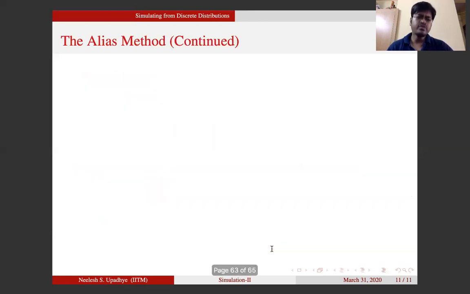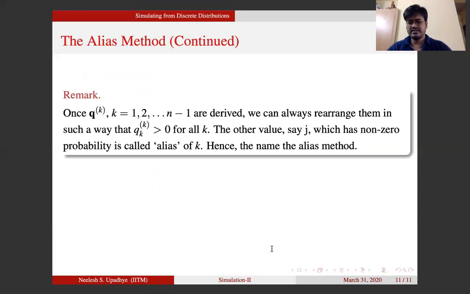Okay. Now there are some remarks concerning this algorithm. So now this is a remark about the name. I have already used the name alias. So let us try to understand. Now you have qk's. Right now we have not arranged them so that the point with pk less than 1 by n minus 1 goes in qkk. That we have not done, but we can always rearrange. We can always rearrange such that in each of the particular blocks of probability vectors qkk is greater than 0.